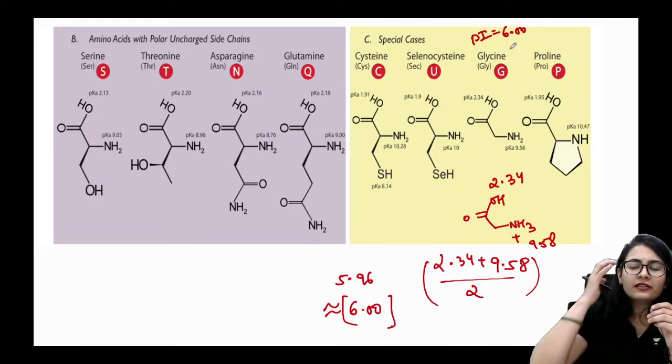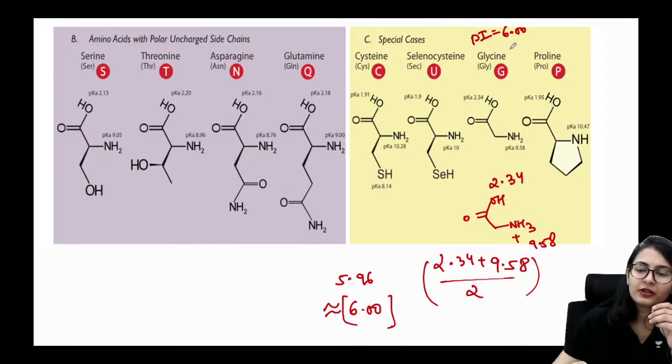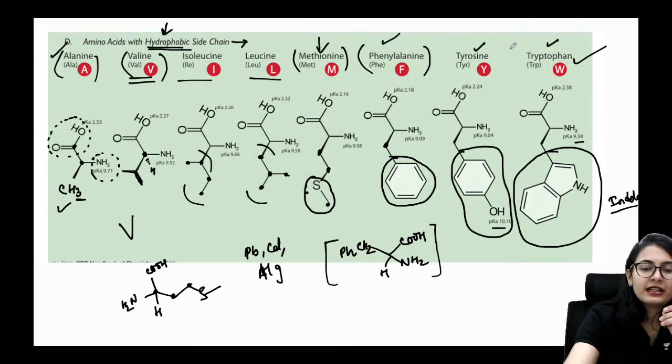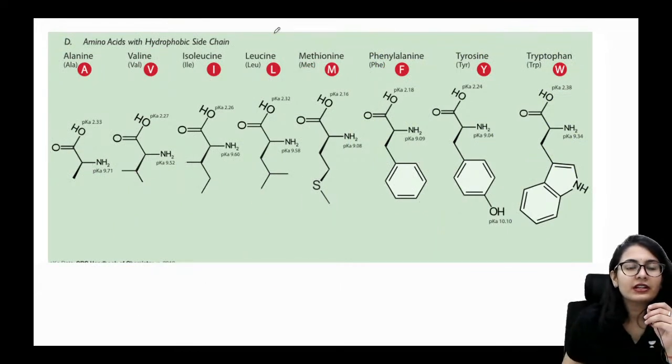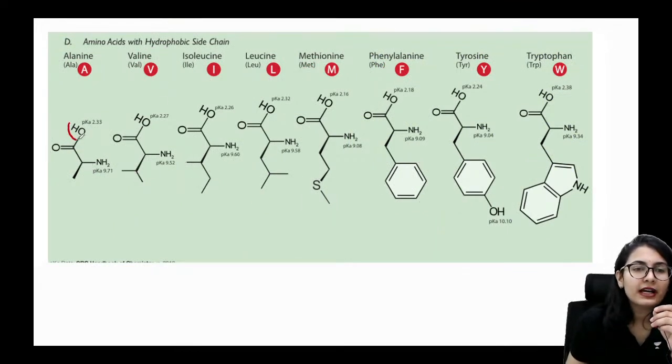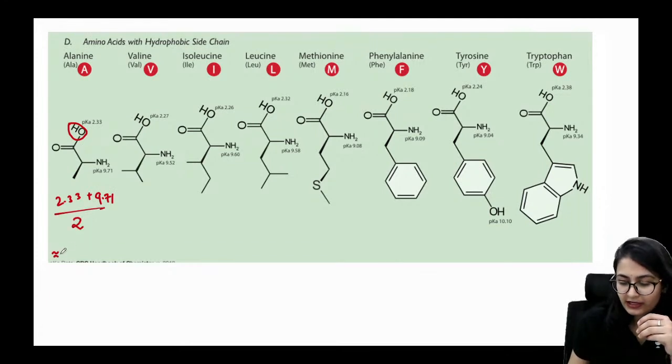Okay. So guys, it is very simple for those molecules which have no ionizable side chain. Let's say consider over here, you only have two acidic groups. So just add 2.33 for alanine and 9.71 and divide by 2. You will approximately get 6.0 only. Approximately. Okay.